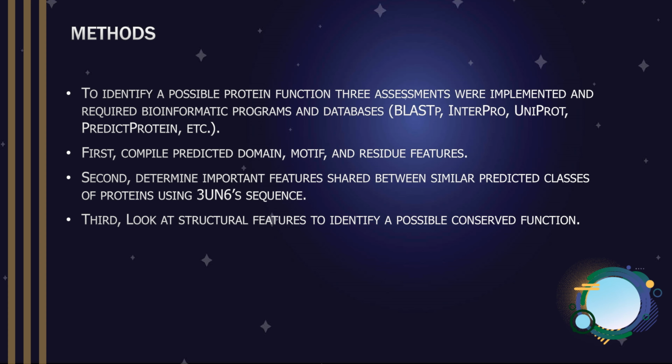Second, we're using the predictions from these programs and what proteins are most similar being predicted to 3UN6, running a multi-sequence alignment and characterizing what features are similar or the same. And then third, we're doing almost the same thing as in the second, but we're taking the tertiary structure and identifying those possible characteristics and those similar characteristics to these other proteins that are being predicted similar to 3UN6.